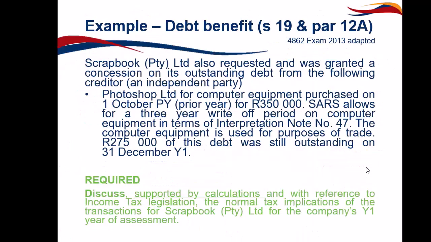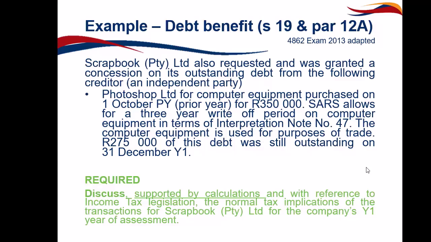Okay, so let's look at our next example. Scrapbook. I'm not going to read the required again because it's very similar to the previous required. I'm just going to go straight to the scenario. Scrapbook Pty Limited also requested and was granted a concession on its outstanding debt from the following creditor, an independent party.